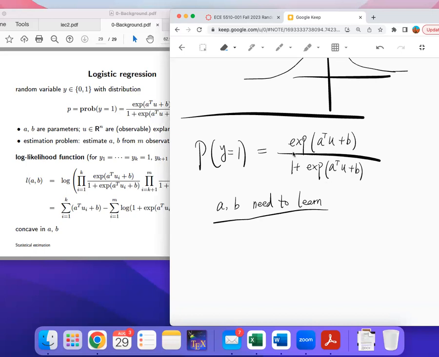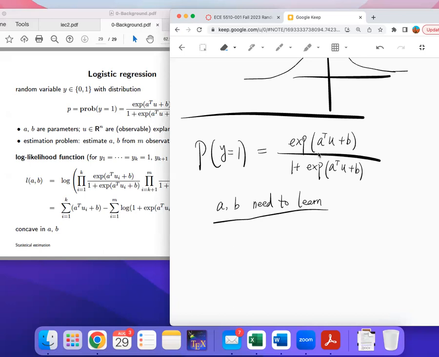You can tell it's between 0 and 1 because it's positive and the numerator is less than the denominator. This number gives you the probability of that patient having cancer. y equals 1 means having cancer, so this is the probability of having cancer.